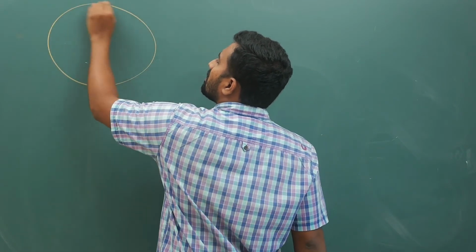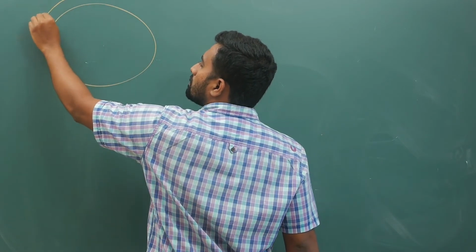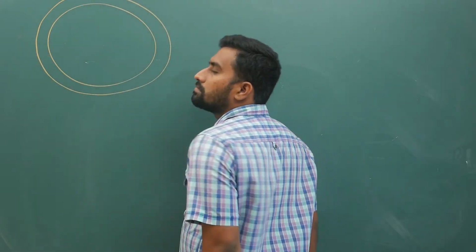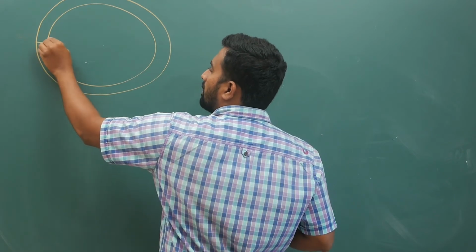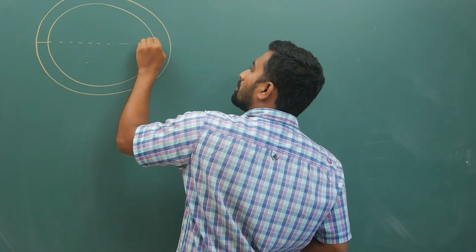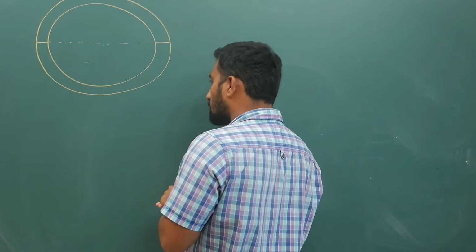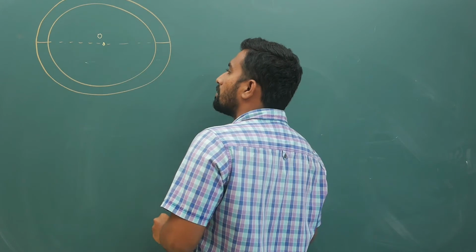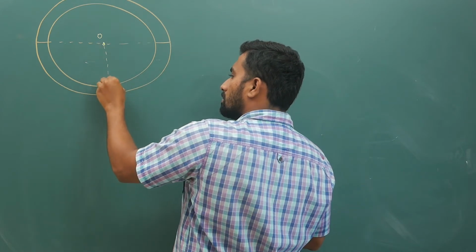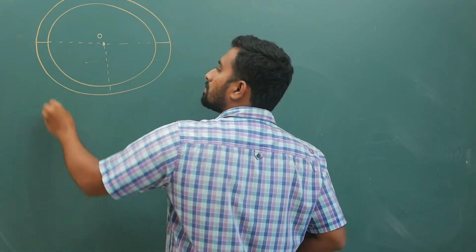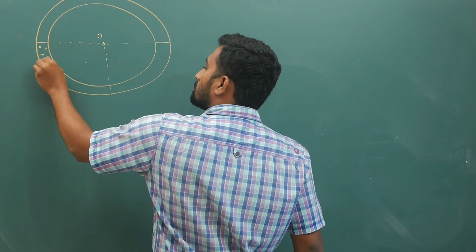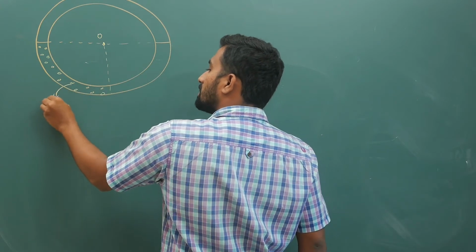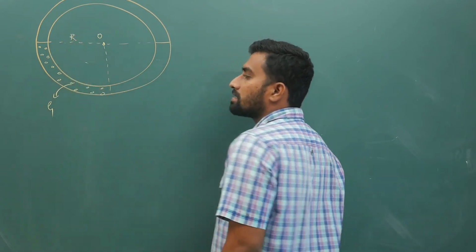You have a circular tube. This point is O. This side I have a liquid of density ρ1, and the radius of the tube is r.